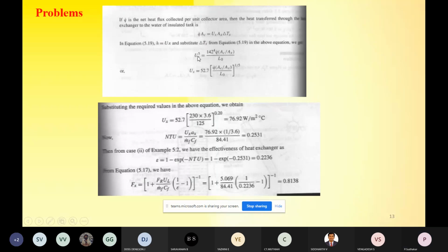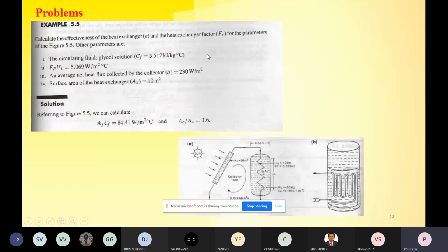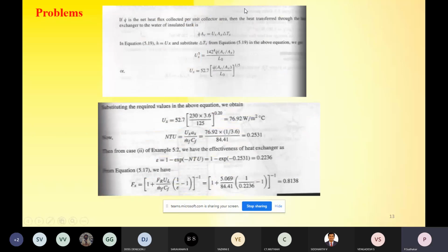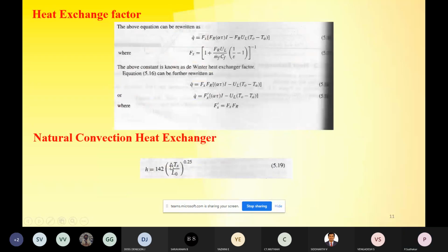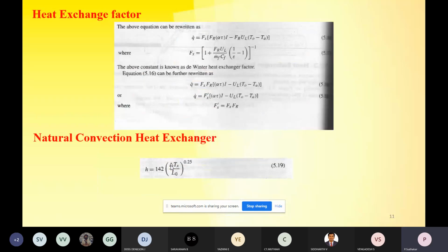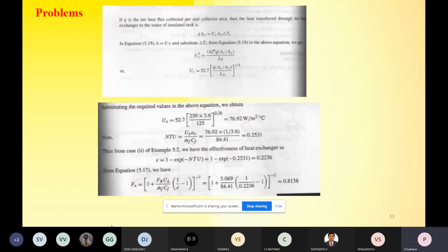Taking del Tx from this equation, del Tx will be Q dot Ac by Ux Ax.